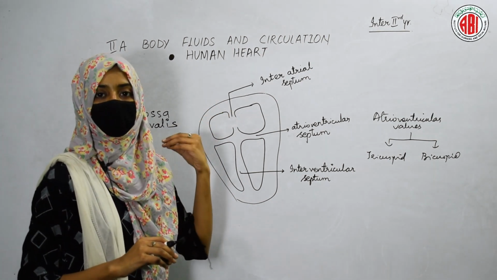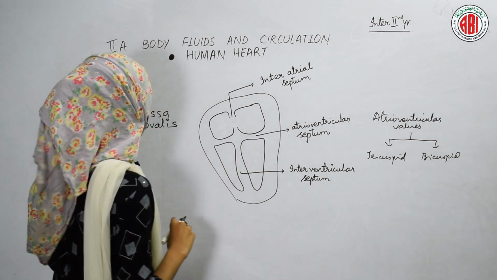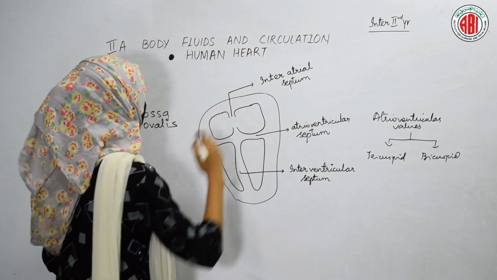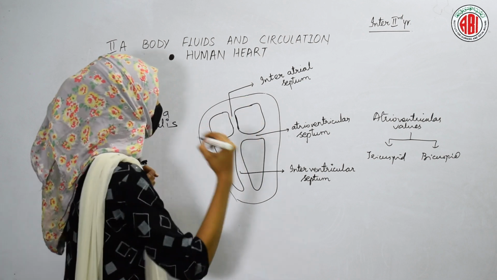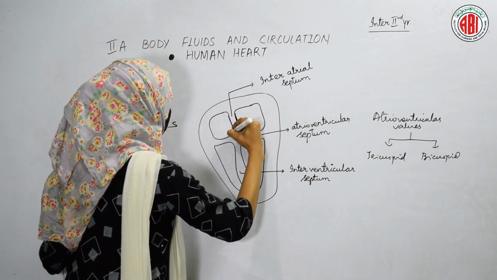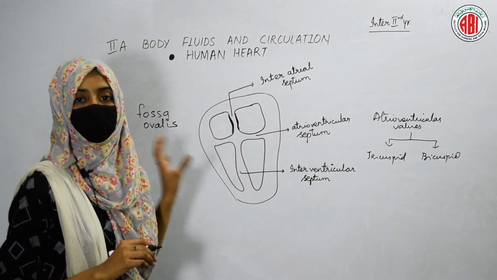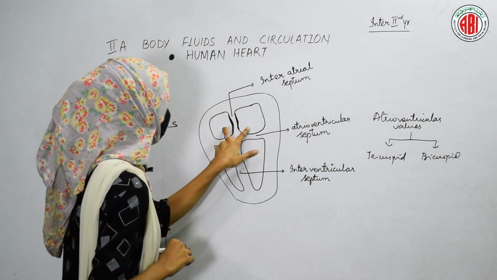But as the fetus grows, and after the birth of a child, this space gets filled by some tissues, that is by a layer of squamous epithelial tissue, and this is how a depression can be seen. So this is an evidence that in an embryonic stage, a hole is present in between these two atrium.